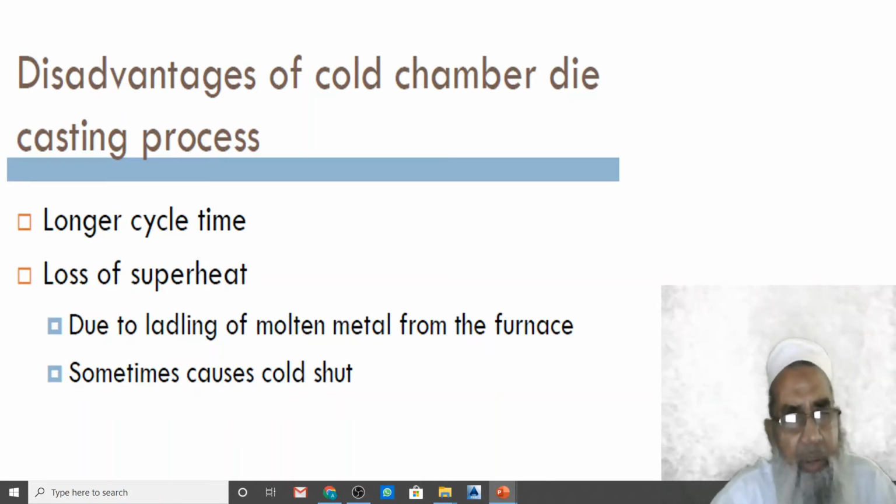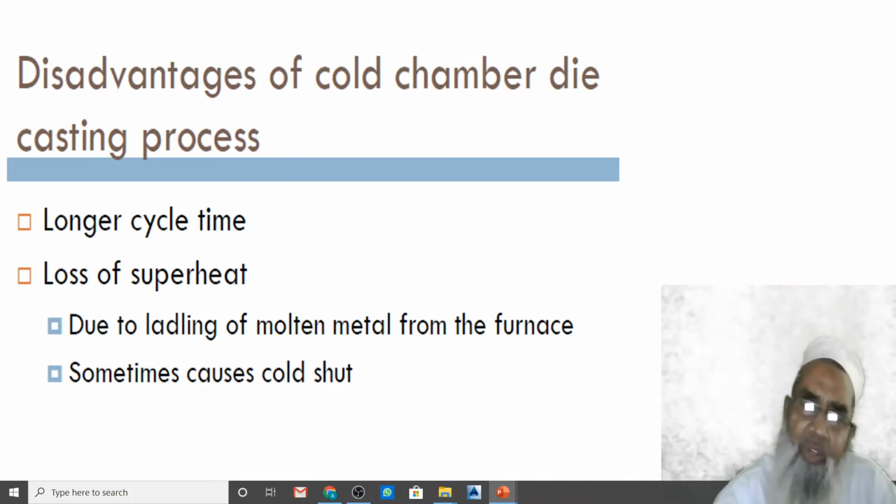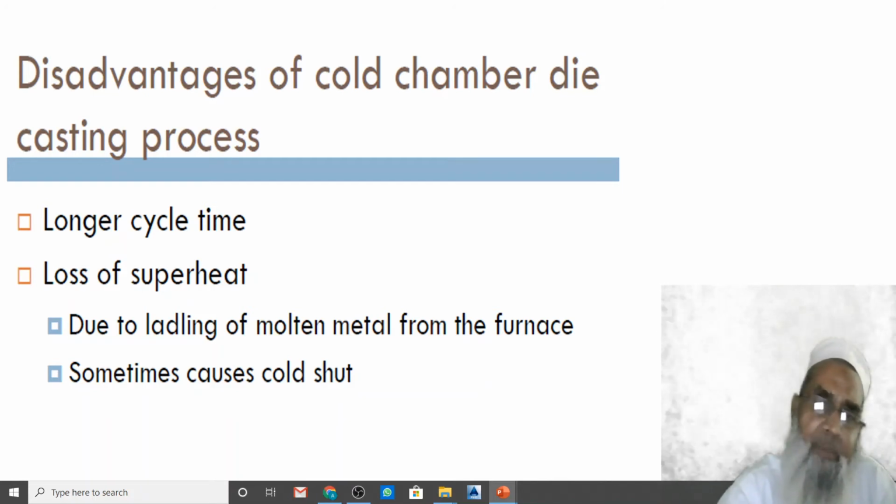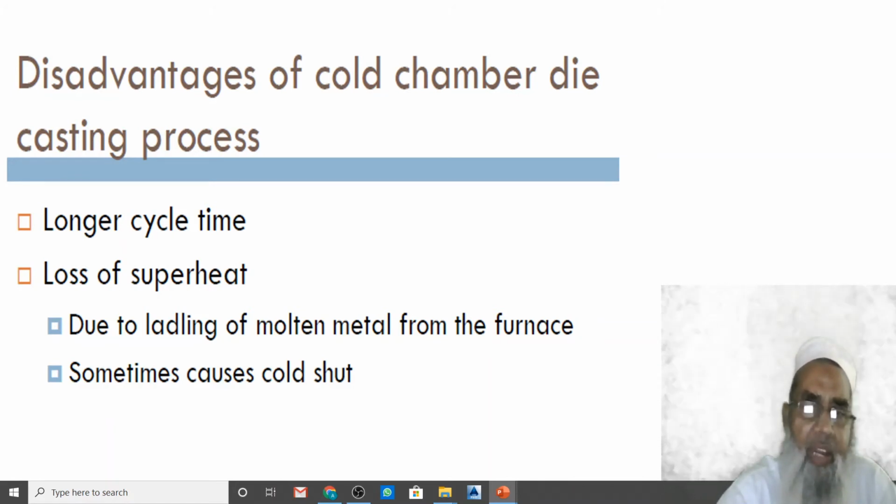However, it has a long cycle time, because the ladle is used to take the molten metal from the crucible to the short chamber. Moreover, during that time heat is lost, so much so that if there is not sufficient superheat, it may even cause cold shut.